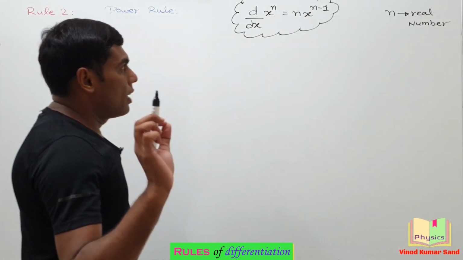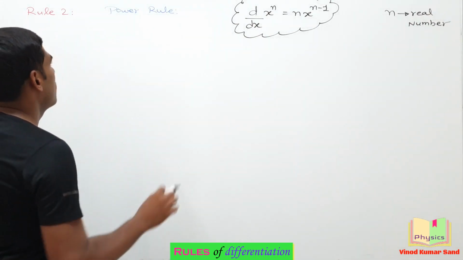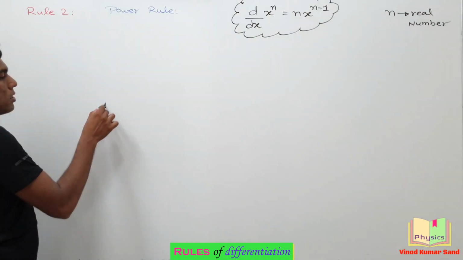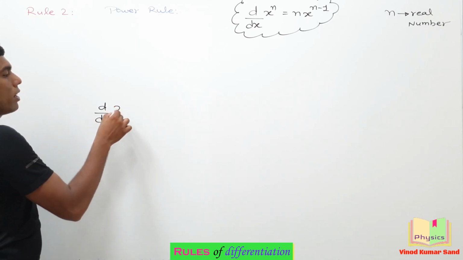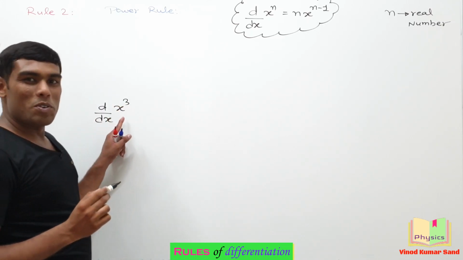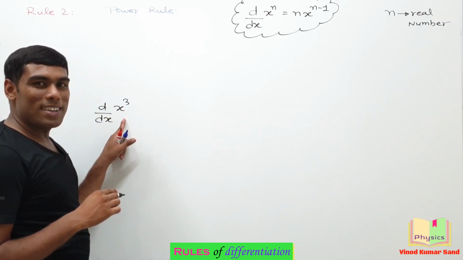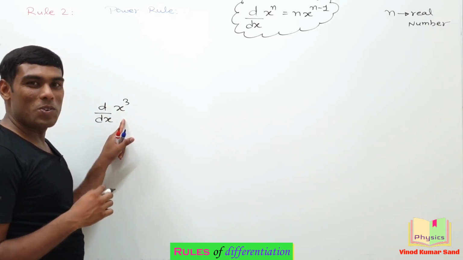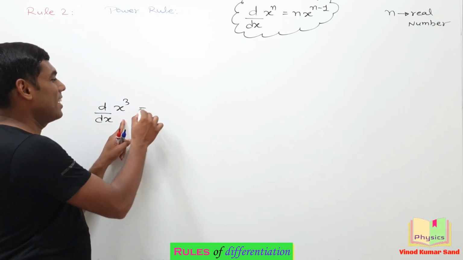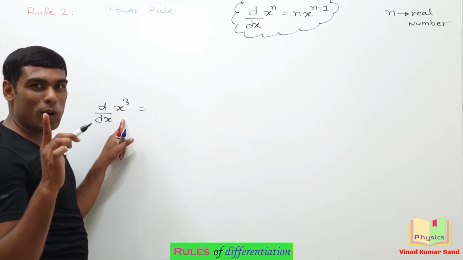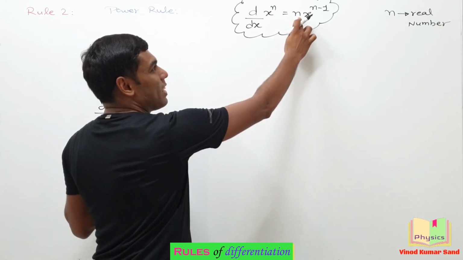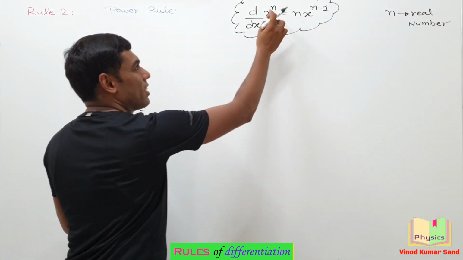Okay. I am taking few examples. If I ask you how much is d by dx of x cube, do you remember the answer? It was our question number 1 few minutes ago. Correct. Its answer was 3x square. Actually, you can obtain that answer using this rule. Check it.